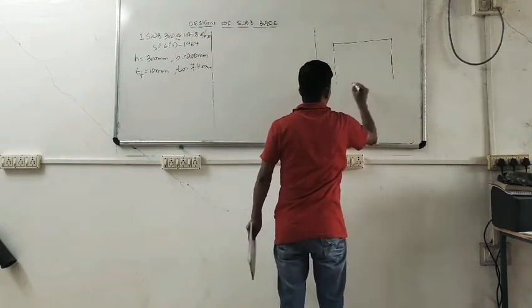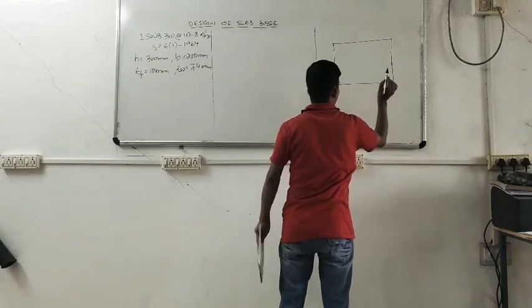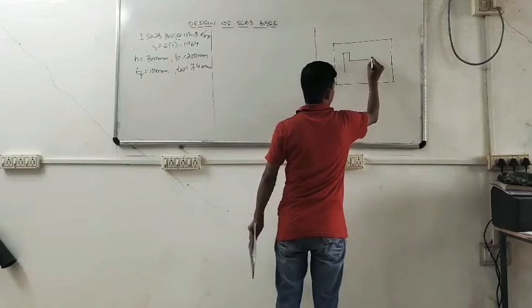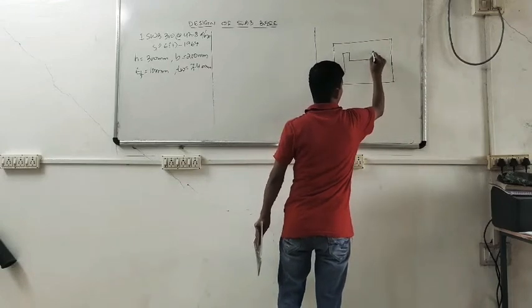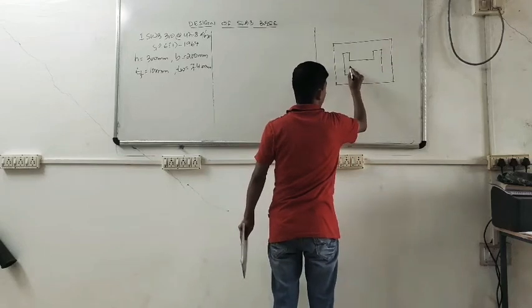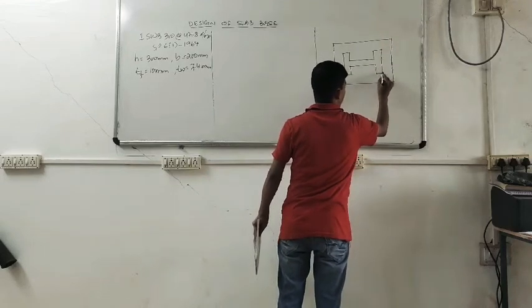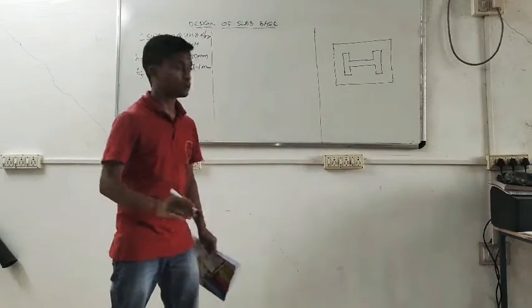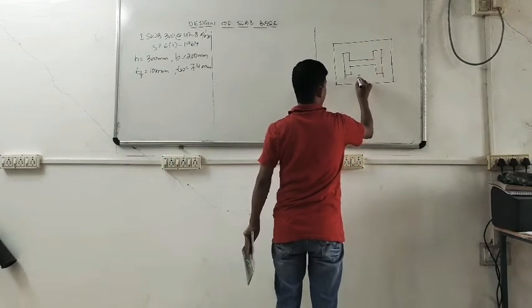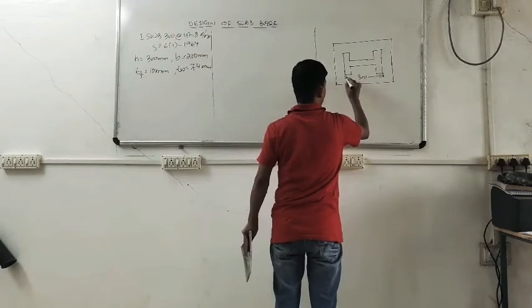this will be your base plate. On that base plate, this is your column section. This entire depth is 300.